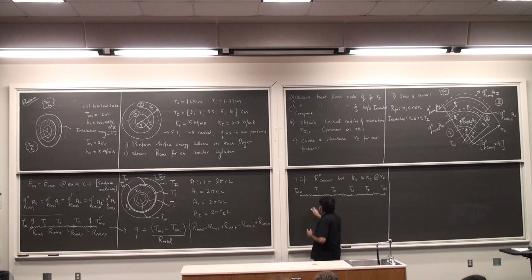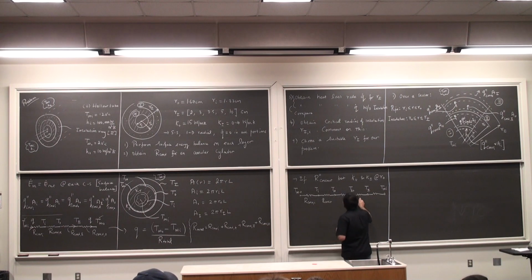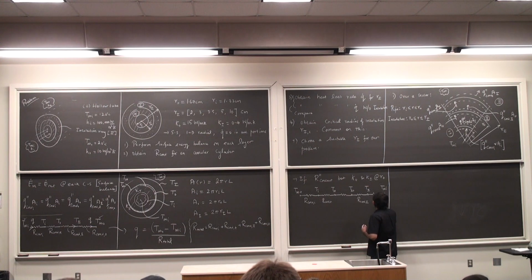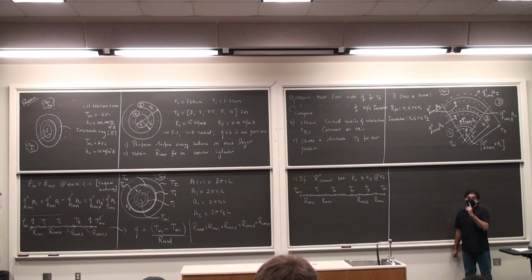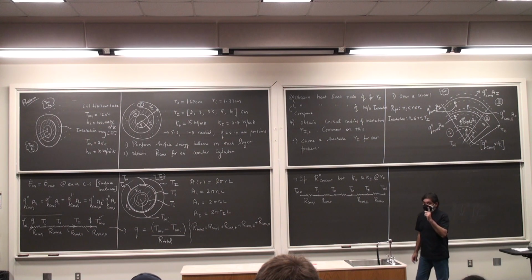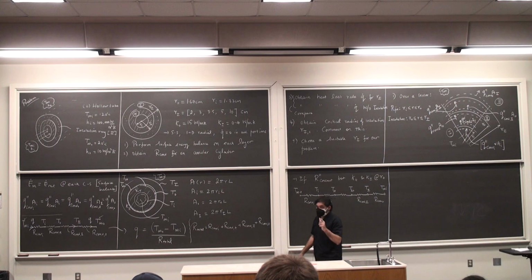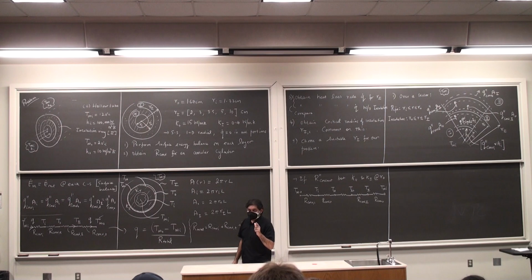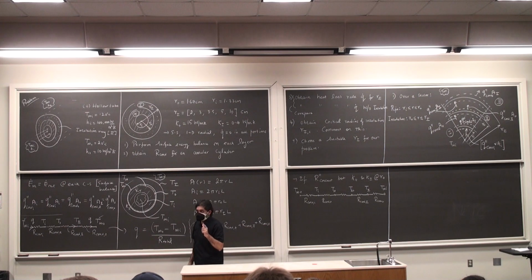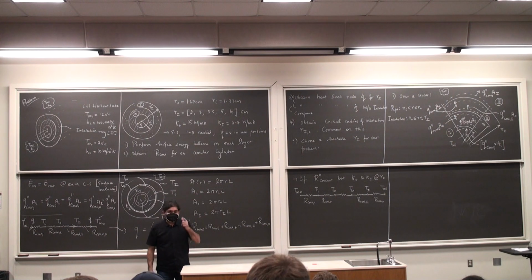And if I write the resistances, R convection I, conduction T, conduction I, convection O in between. If you have contact resistance, what do you do to get the actual resistance? Yes?